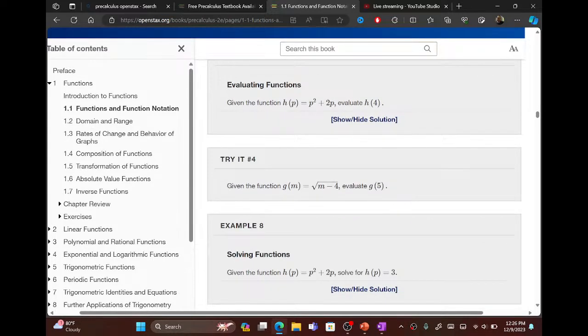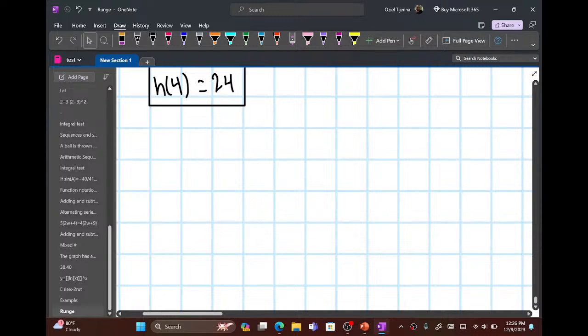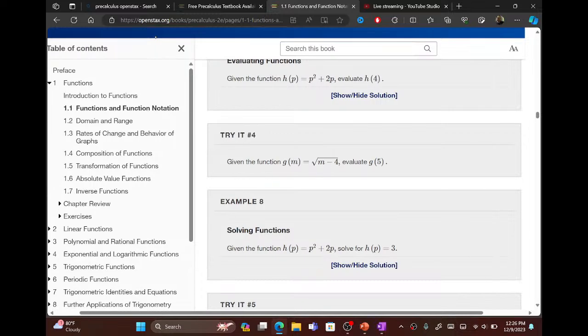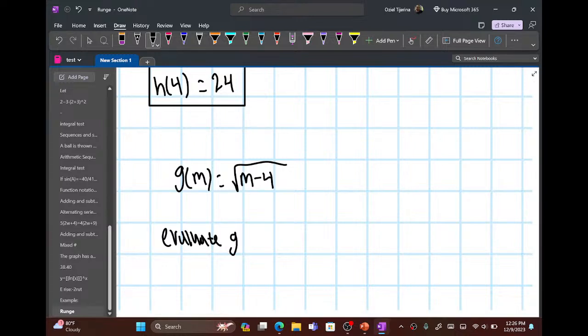Now this one, it's a radical. We're just gonna go ahead and do it. g of m is equal to the square root of m minus 4. And evaluate g of 5.